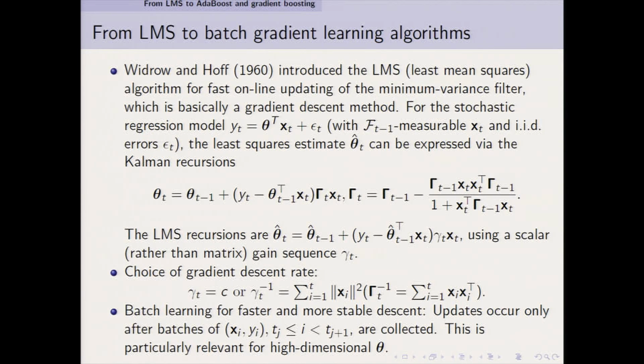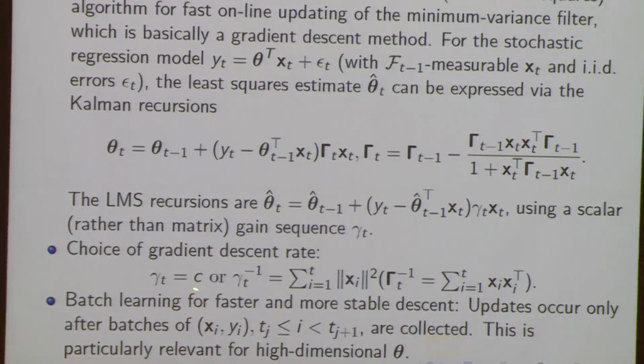And now the LMS recursions basically replace here the matrix gain, this is a gain matrix, by the scalar gain gamma_t.